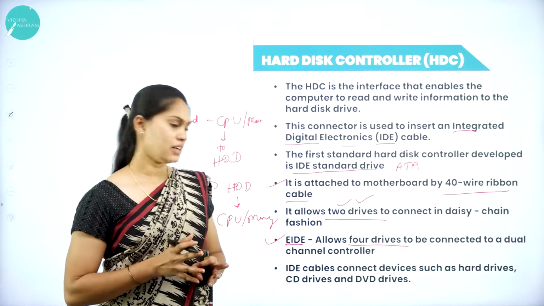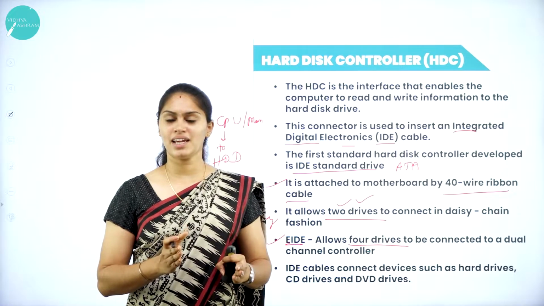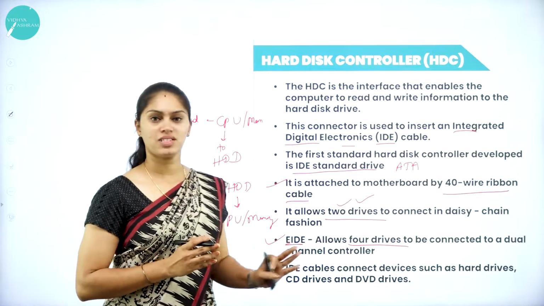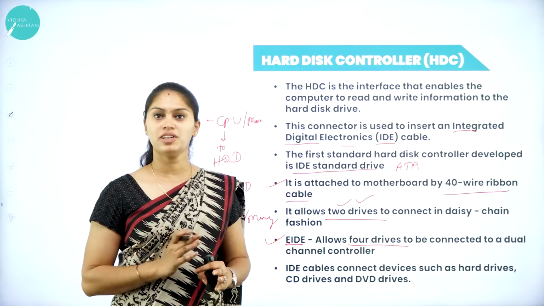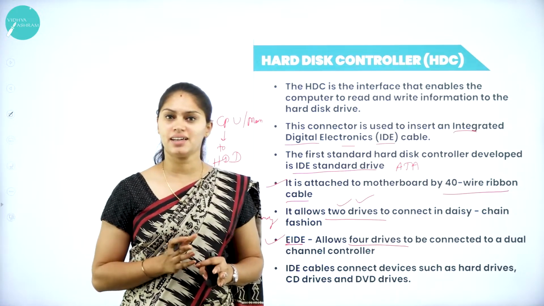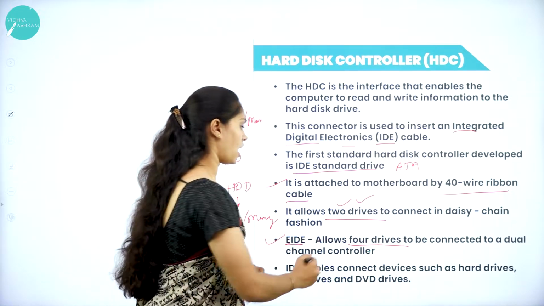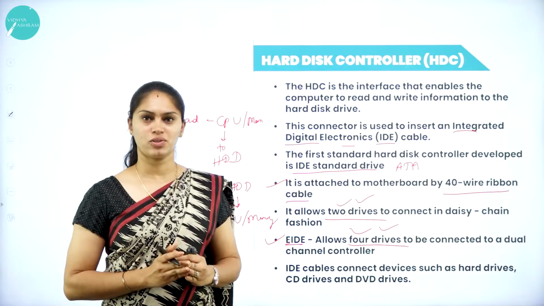That will be in the dual channel controller. With IDE, I can connect two drives to the motherboard in a daisy chain manner. But with EIDE, that is enhanced IDE, it allows 4 drives to be connected to the dual channel controller.